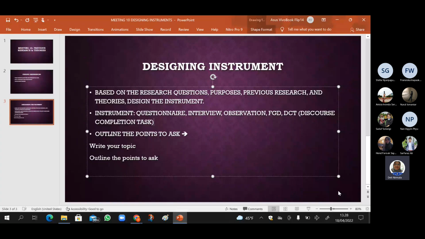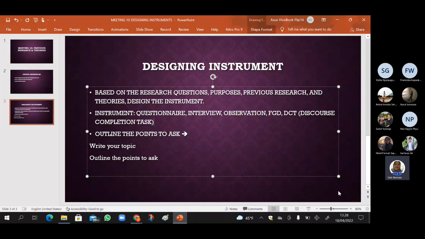From the guide, the researcher will follow it and be able to gather information. Focus group discussion, you ask them to work in groups, and then you give a topic and let them discuss. So this is focus group discussion.